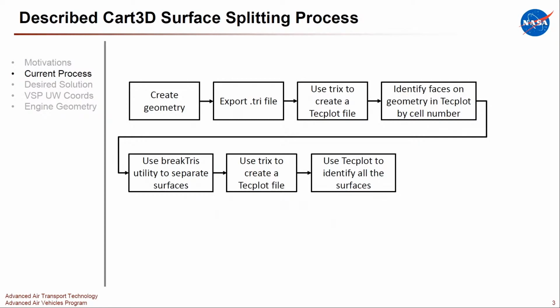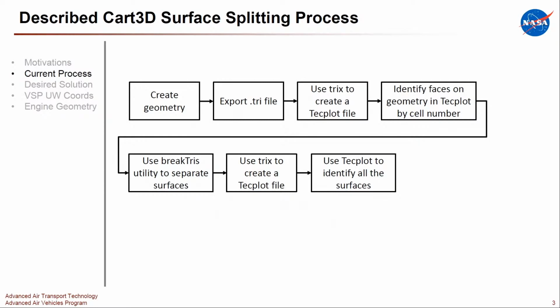I know all you Mac users will snicker at me, but I have to work between the two systems because our Linux machines are headless, so there's no VSP on there. So carry it over to Linux, use the Trix command to create a Tecplot file, bring it back to my Windows computer, find certain mesh cell numbers on the faces in Tecplot, and then take that back to the Linux side.